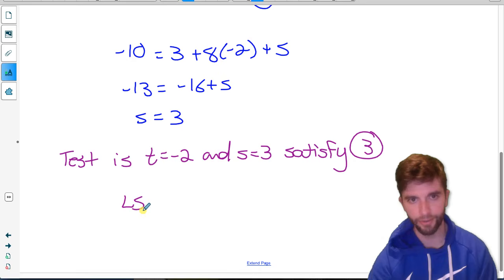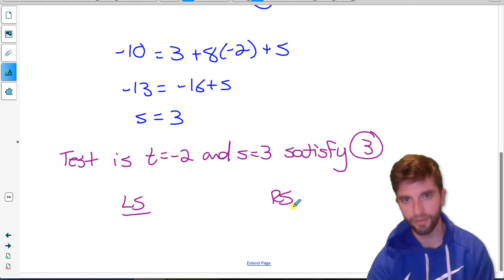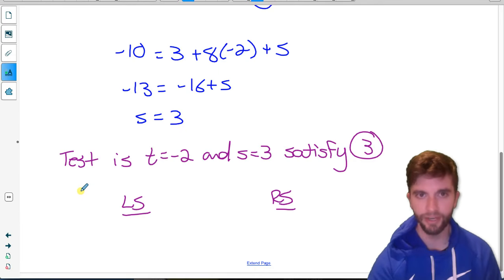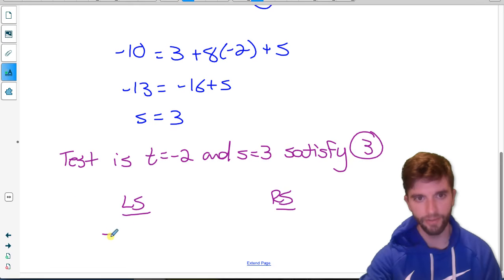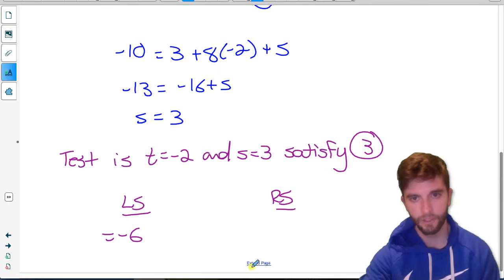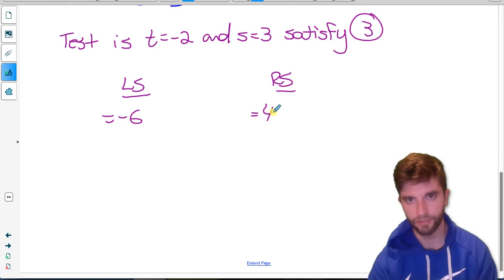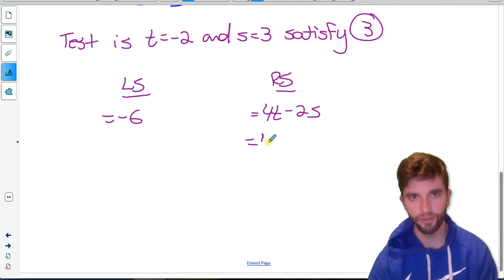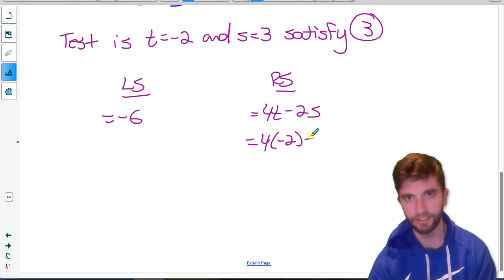So I'll separate the third equation into left side, right side, and see if those t and s values make the equation true. The left side was just negative 6, and the right side was 4t minus 2s. So let's sub in negative 2 for t and 3 for s.